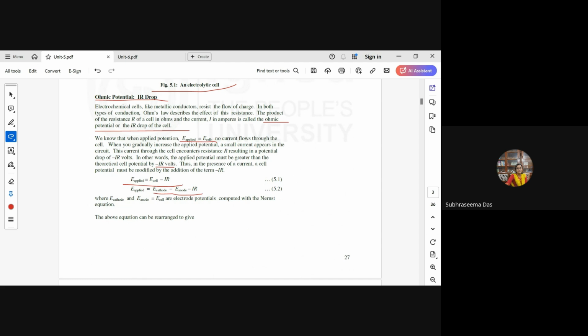So therefore, overall we can say that E applied is equal to E cathode minus E anode minus IR, that is the IR drop.